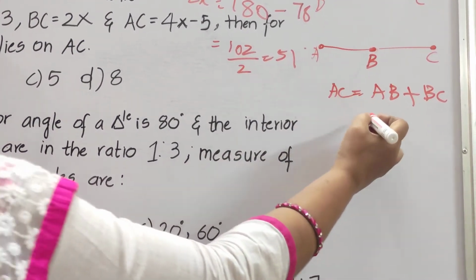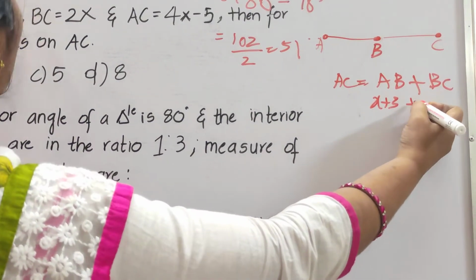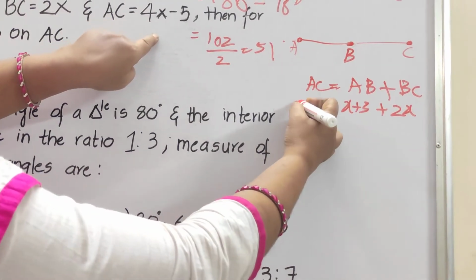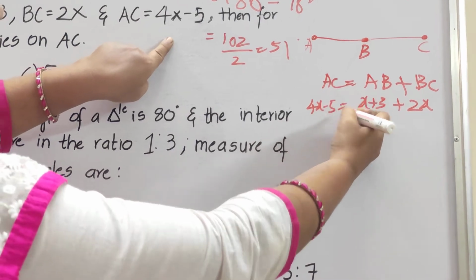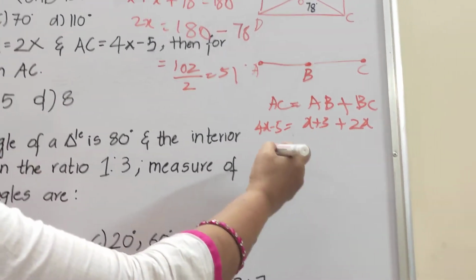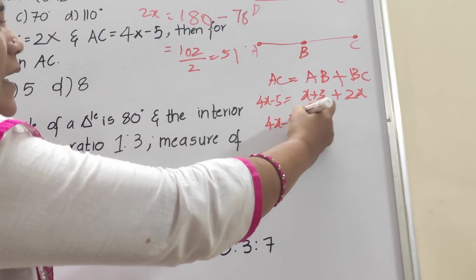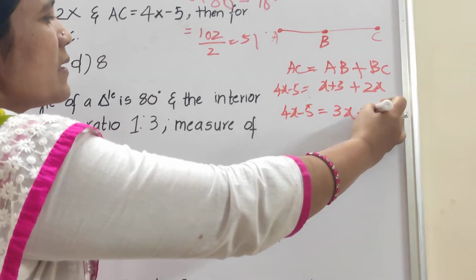They have given you AB, how much? x plus 3. They have given you BC, 2x, right? And what is AC? 4x minus 5. So now you have 4x minus 5 equals 3x plus 3.